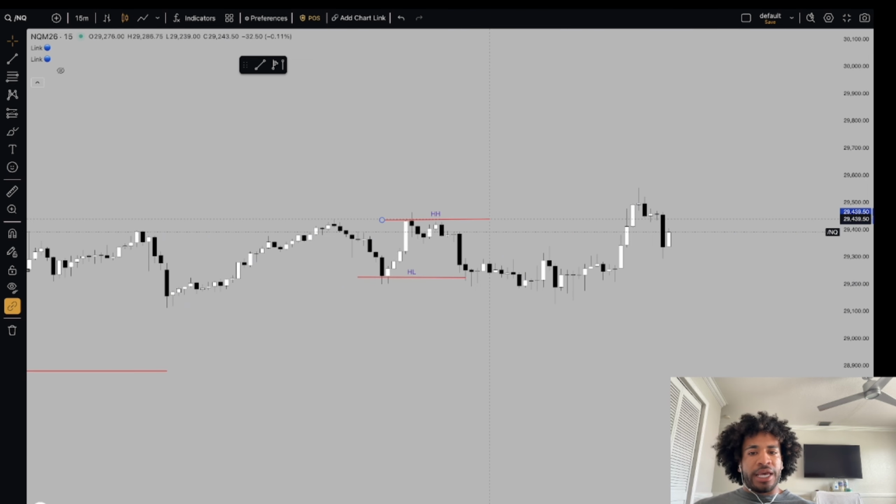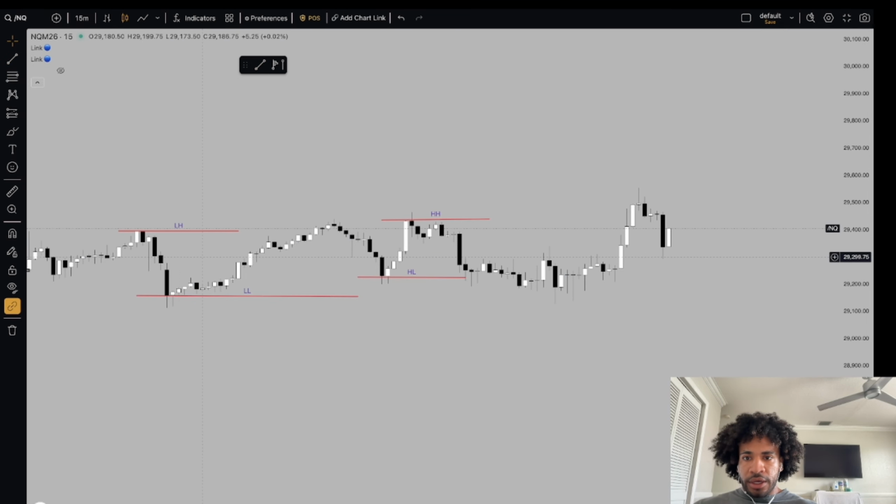Why is this a higher low? Because this is the new low that we made before we went high. But also this before was our lower low. Let me redo it. This here was our lower low, and this here was our lower high.